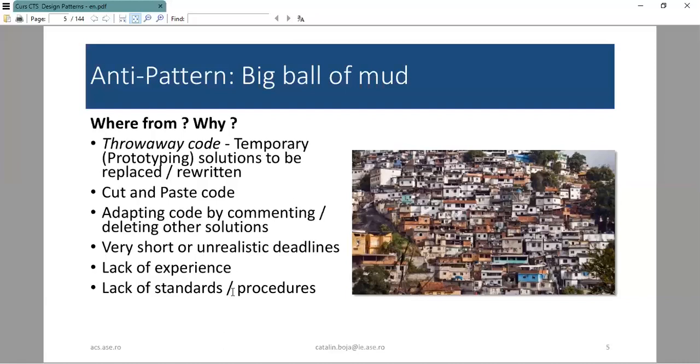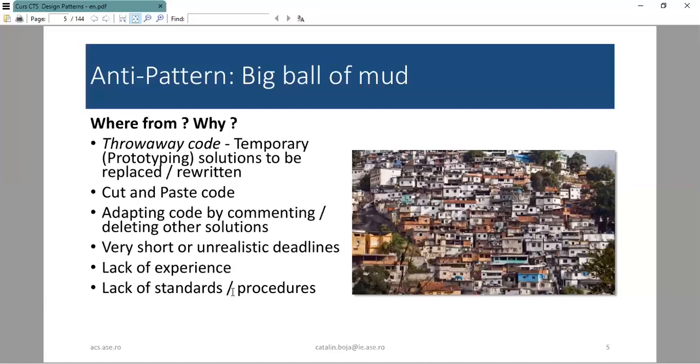So every time you work in a team, if you don't know each other, or you have new members, or you have a dynamic team, before you start working together, you need to set the common ground. How do you code? How do you do the code review? Who is writing the specifications? Who is testing? And so on. And this is generally given by different standards and procedures that you need to have in place.